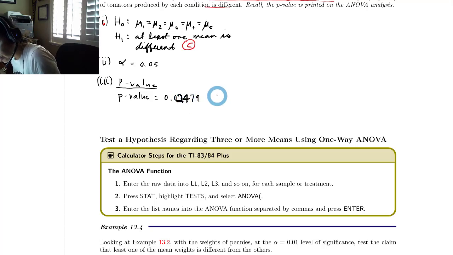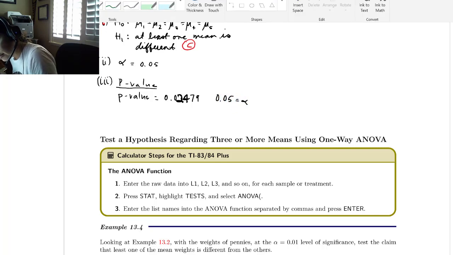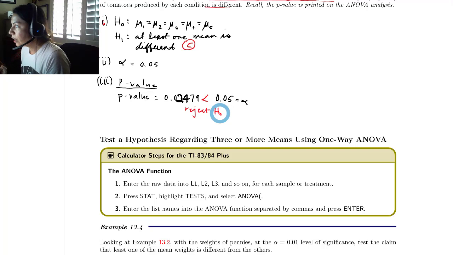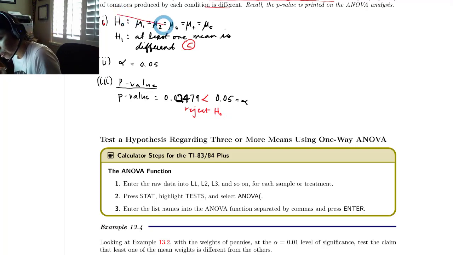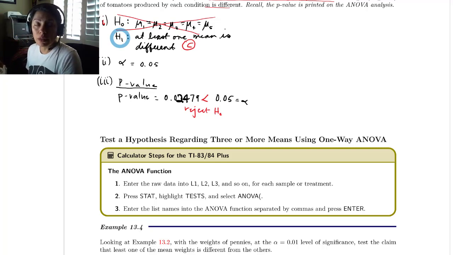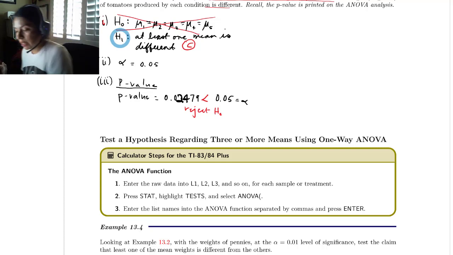And our alpha was 0.05, and so that is less than our alpha, and therefore we have to reject the null. So if we reject the null, we can X out the null, and we have to accept the alternative. Since the alternative was our claim, then is there enough evidence to support the claim? And the answer is yes.